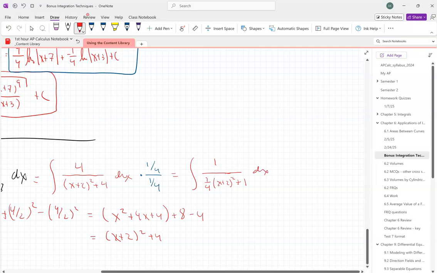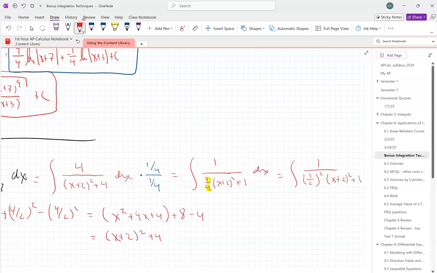But now what's the problem? I have that 1/4 there outside of the squared, right? What do you notice about 1/4 though? It's 1/2 squared.